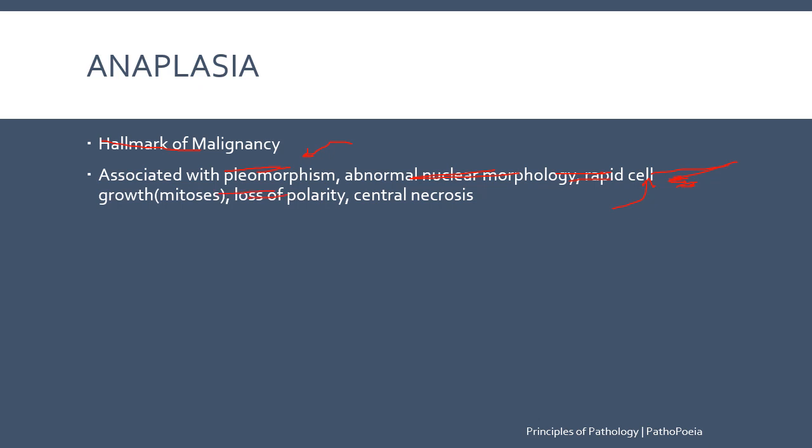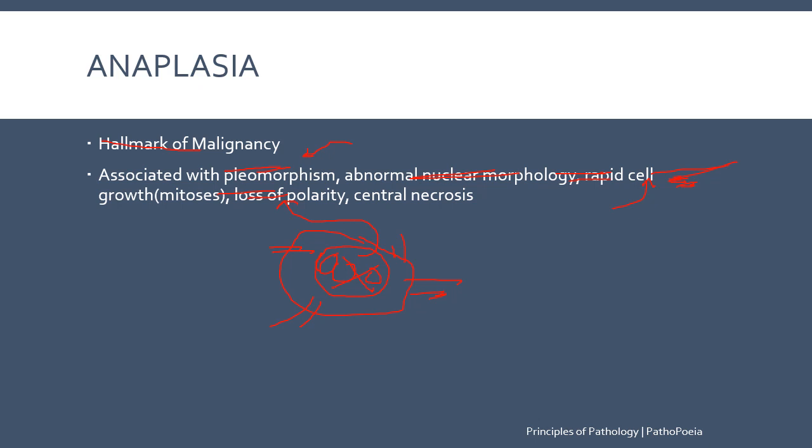Moreover, since the cells are dividing so rapidly, the neoplastic cells are usually present in the center, surrounded by the stroma. The stroma consists of blood vessels, and blood vessels provide blood. However, generally speaking, the central part of the tumor is hypoxic, and this in turn causes ischemia and central necrosis.